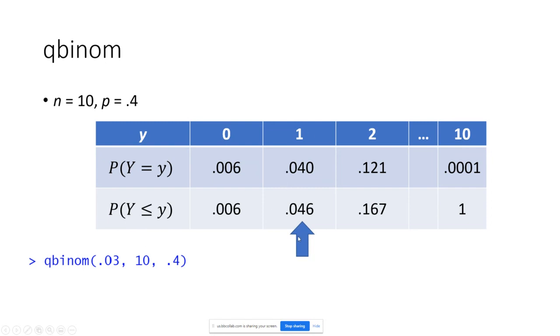And well, we can't get that exactly, but we do see that we can get 0.046 as the probability to the left if we pick 1. So that returns 1 because 0.046 is the next value that's just above 0.03. So we can get a probability of at least 0.03 by choosing a y value equal to 1.